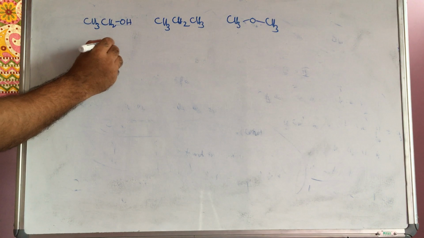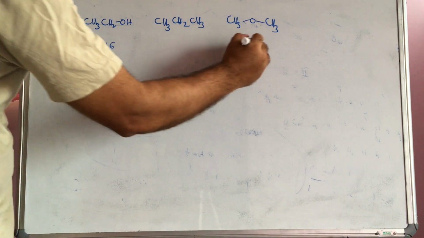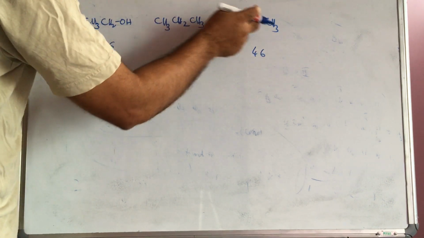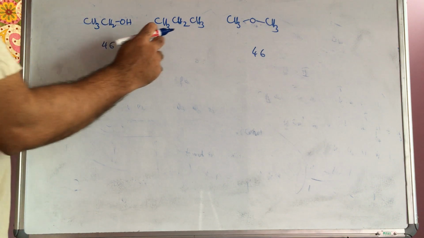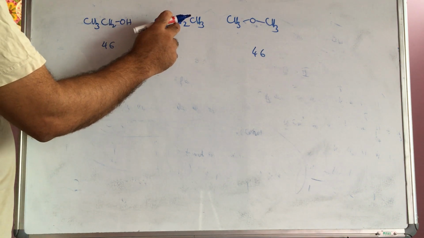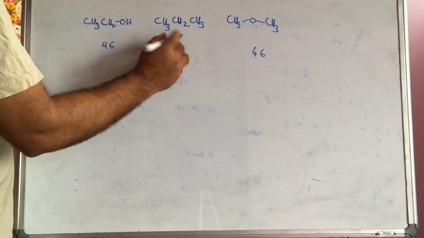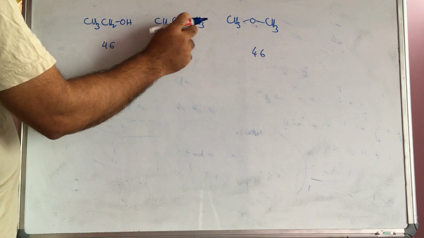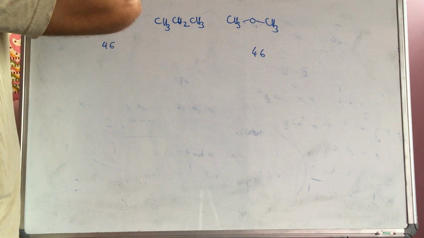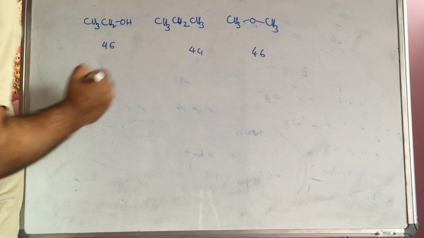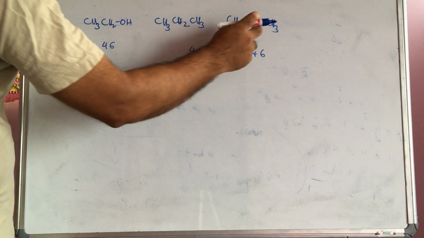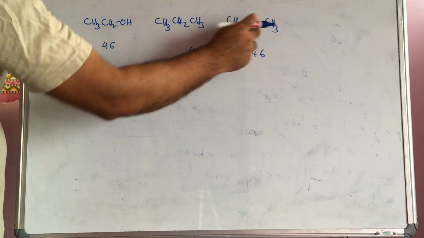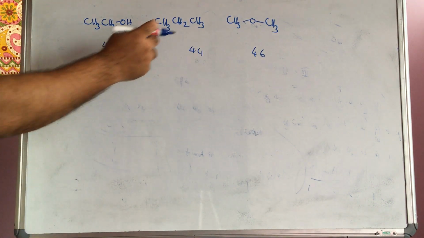Its molecular weight is 46, and ethyl alcohol's molecular weight is also 46 because these two are functional isomers. For propane, carbon 3 means 36, plus 8, that is 44. This is the molecular weight of propane and methoxy methane, or dimethyl ether.